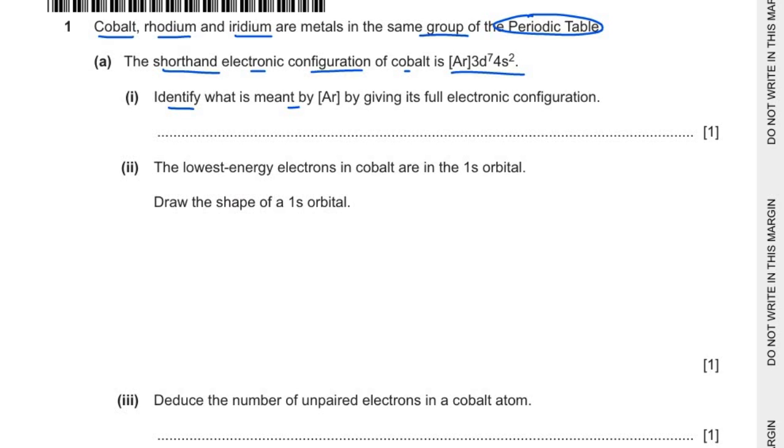Identify what is meant by this bracket Ar, which is given here, by giving its full electronic configuration. Now Ar is the element argon, which is written in short here, and that shows that up to argon the electronic configuration is not mentioned and is written as a short form with this symbol.